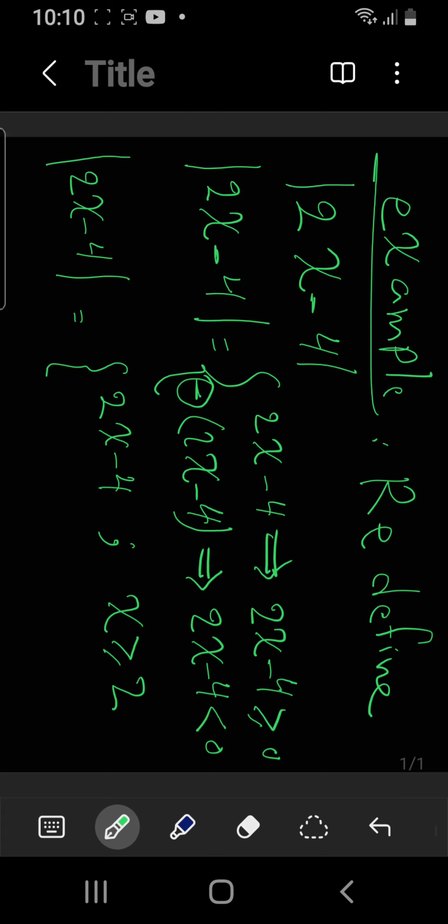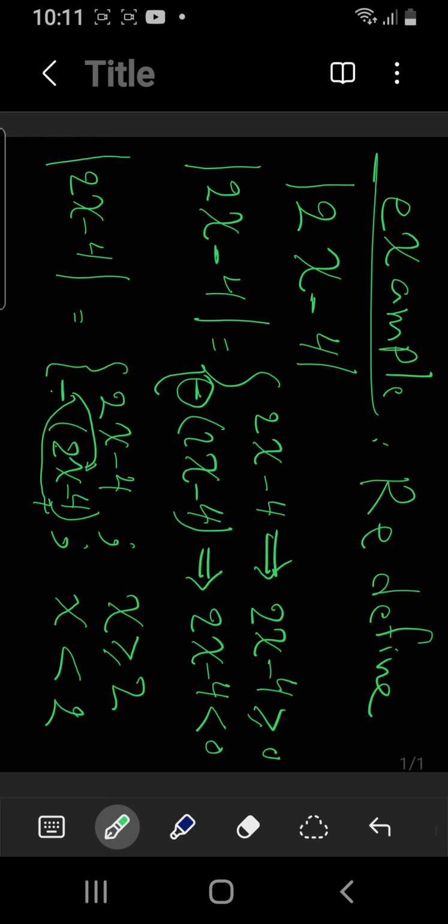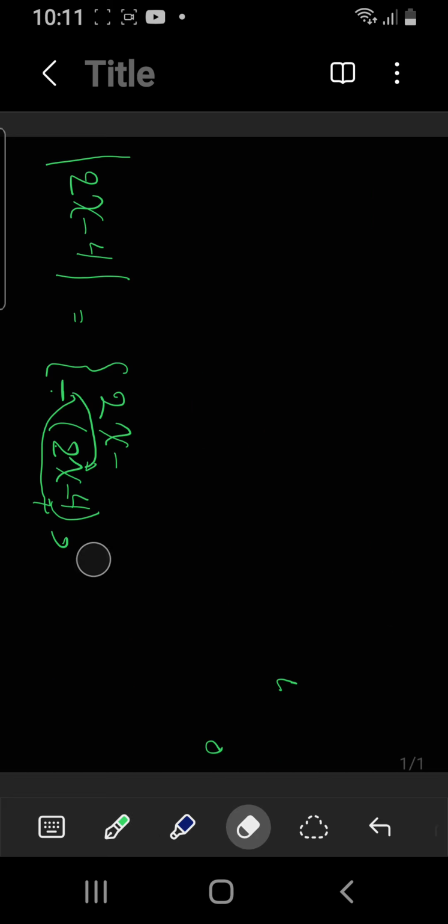Or negative 2x minus 4, so x less than 2. Negative 2x multiplied by negative inside the parenthesis, negative 2x plus 4, when x is less than 2.